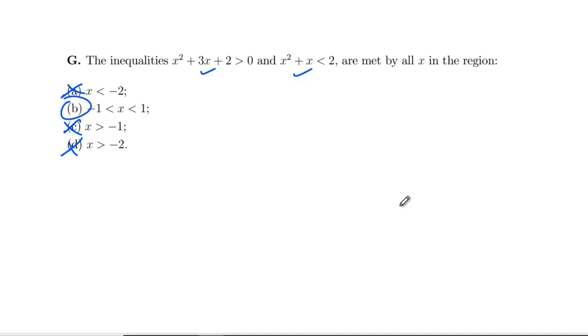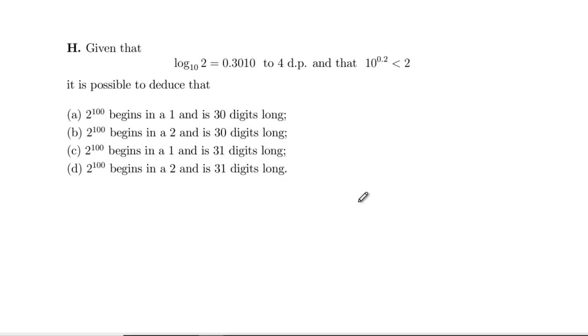Again, they've given some nice options to just work from the answers rather than actually figuring it out. Right, H, given that log 10 of 2 is that, and 10 to the 0.2 is less than 2, it's possible to deduce what? So these are all to do with 2 to the 100. So we've got that 100 log to the base 10 of 2 is going to be 30.10.